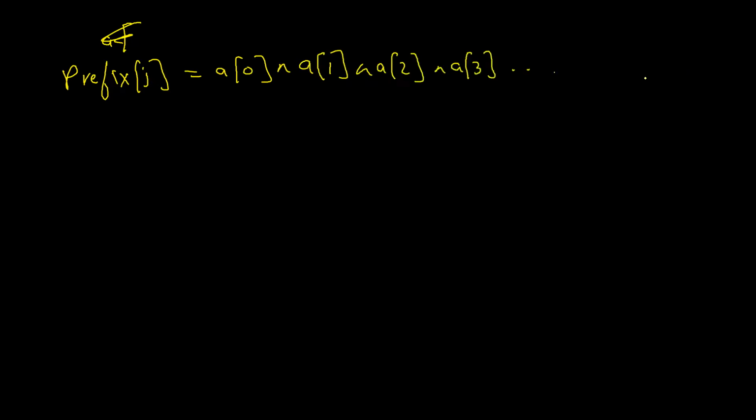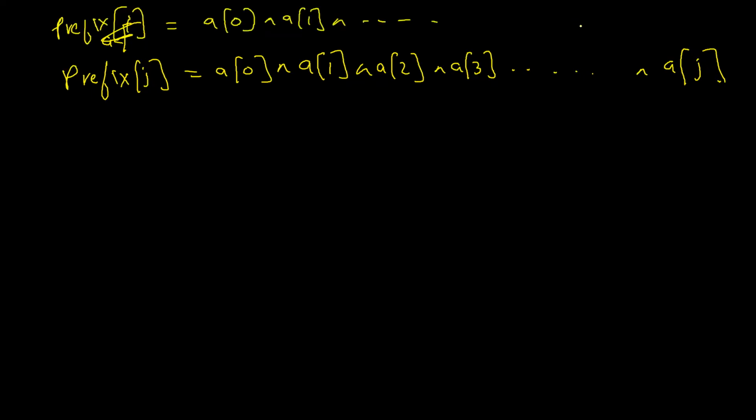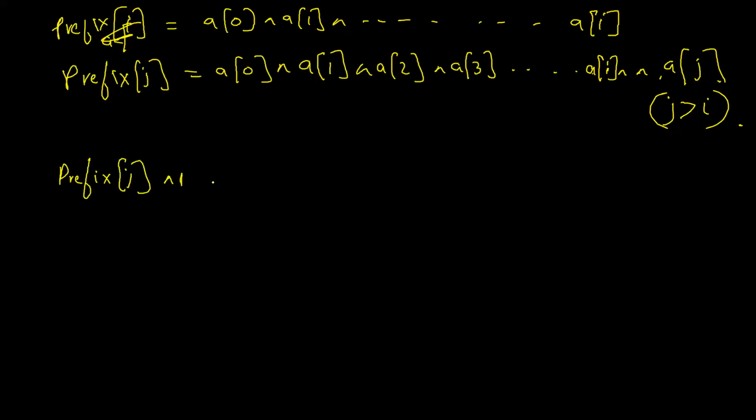In that way, till A of J. Okay, and prefix of I means A of 0, XOR A of 1, XOR up to A of I. यहाँ पे भी somewhere I will be there, ठीक है, considering J is greater than I. Now if you XOR these both things, if you XOR prefix of J with prefix of I, what will happen? All these things will be there.